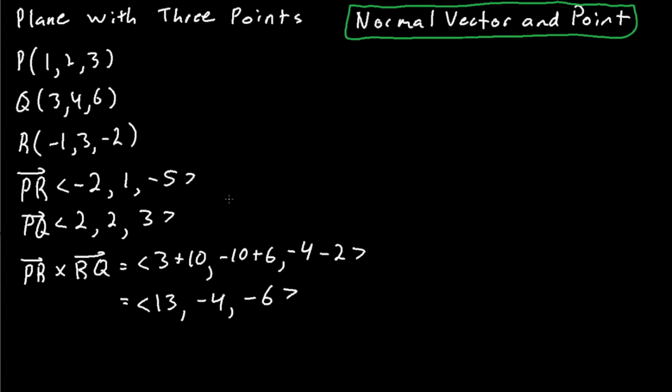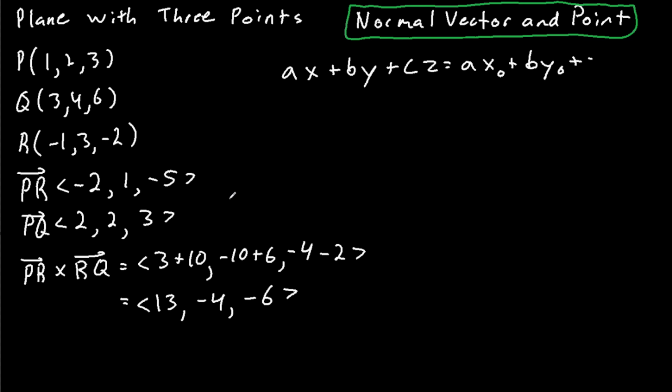Once you have the normal vector, just put it down. So the equation of the plane will be 13x, because that's the x component of the normal vector, plus... actually, maybe I'll write down the formula. I don't know if you've seen this before, but this is the formula for a plane.